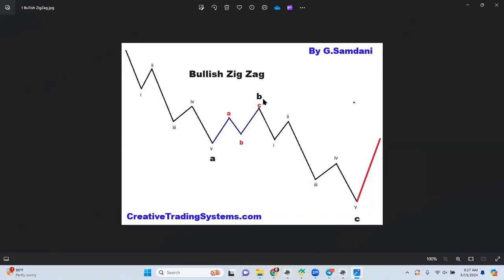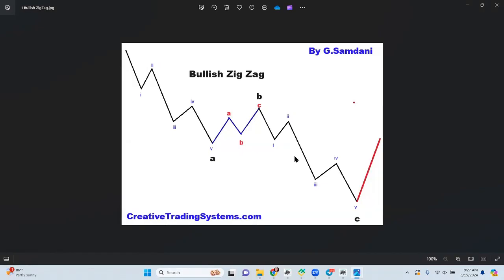Then this most of the time is in 3 waves, A, B, C, and it's a very small correction. Small means compared to this move it's around 38% or maybe 50%. Sometimes 61%, but most of the time it's 38 or 50%.